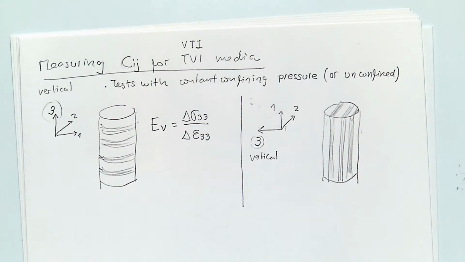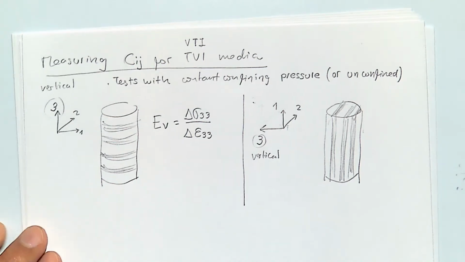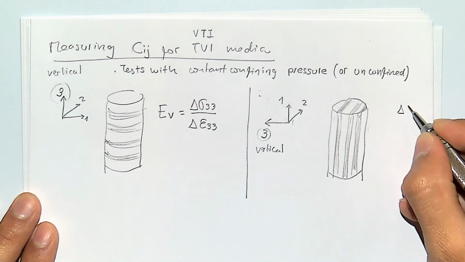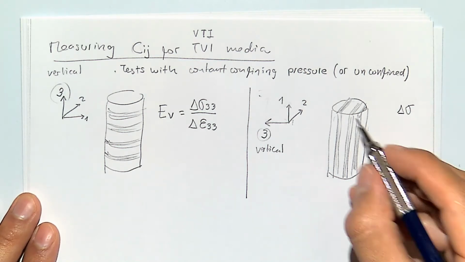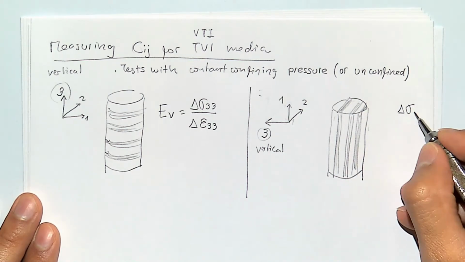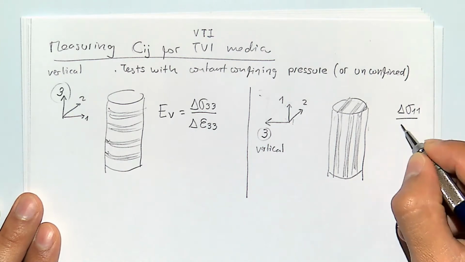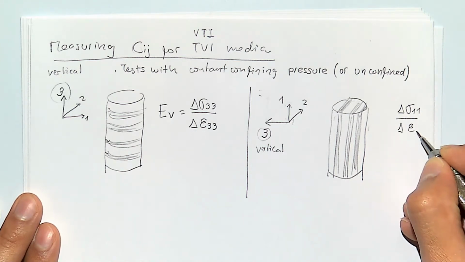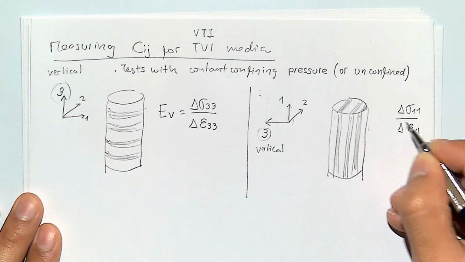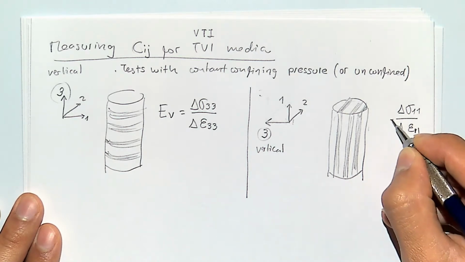So you're checking the axes. Are they okay? 1, 2, 3. This is fine, right? Okay. So now I'm going to change stress. I'm going to load it axially in direction 1 and measure strain in direction 1, 2. What do I get now?